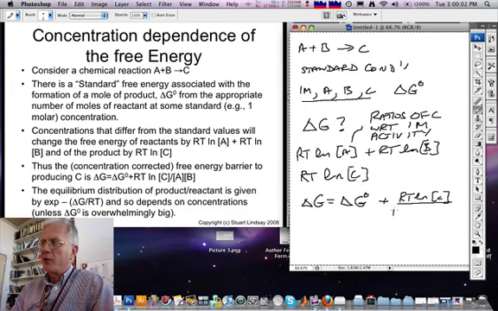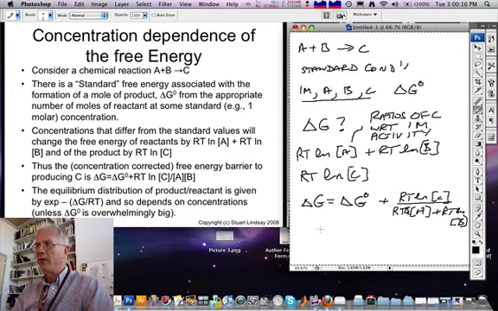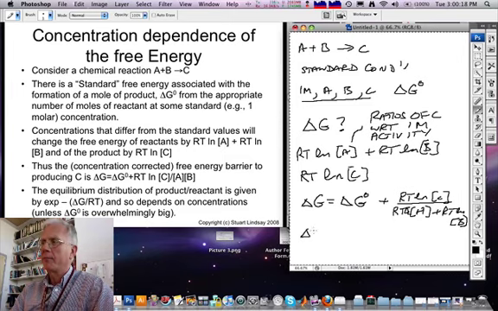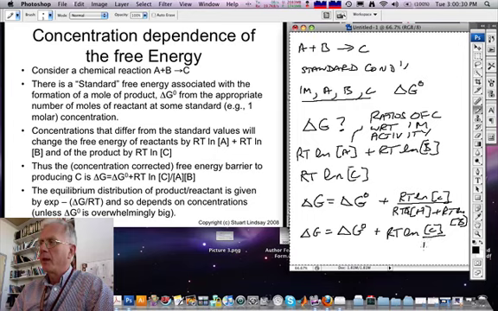But as the concentration of the reactants goes up, the free energy is decreased. Writing this all down now in terms of just one logarithm, this ratio of activities, C over A times B.